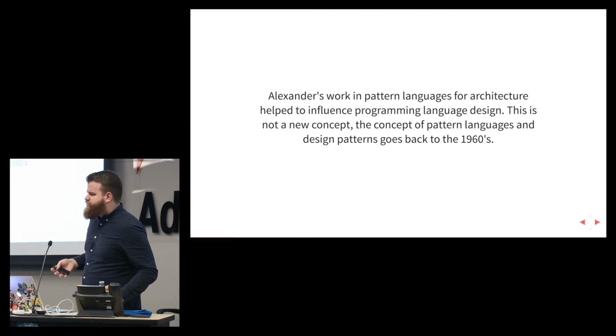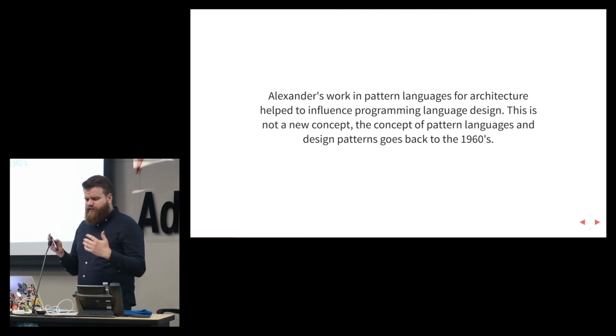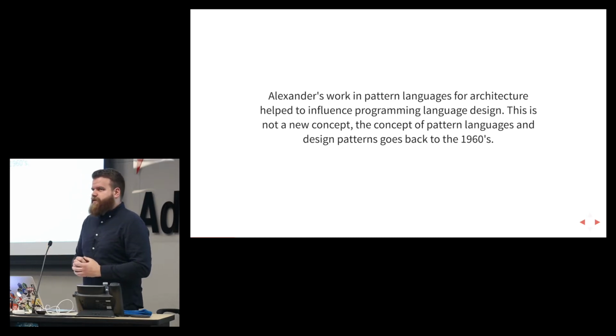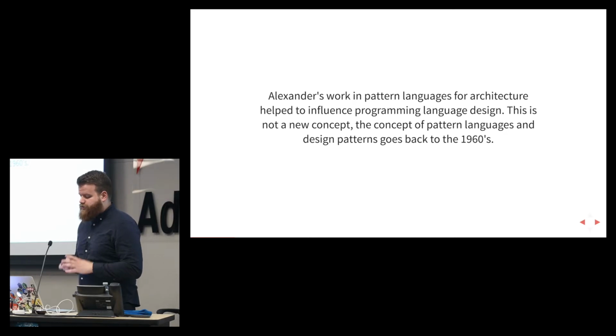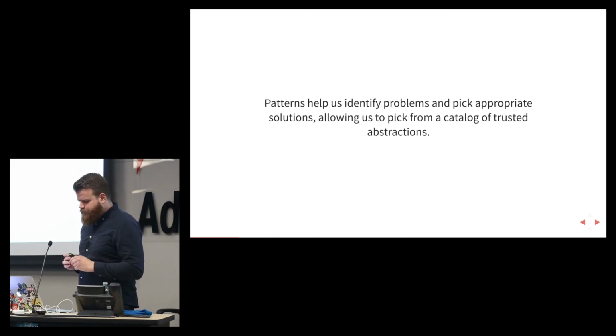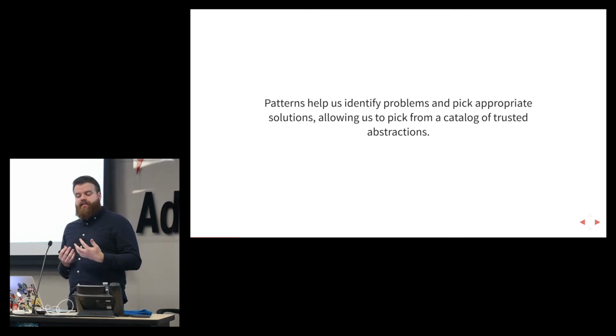As I was saying, it's not actually a super new concept. It's been around since the 60s. I think it was the 70s when people started to implement it in software design and into programming language design itself. So it's not super new. The real key here is that patterns help us identify problems and pick appropriate solutions.